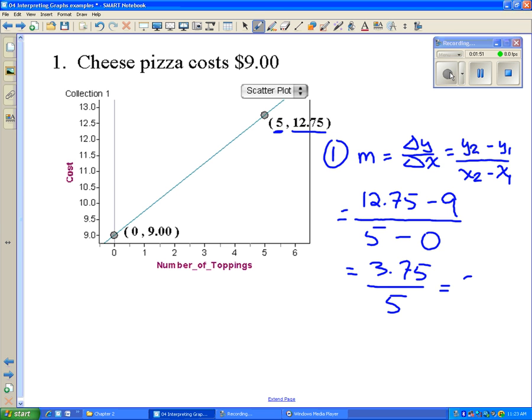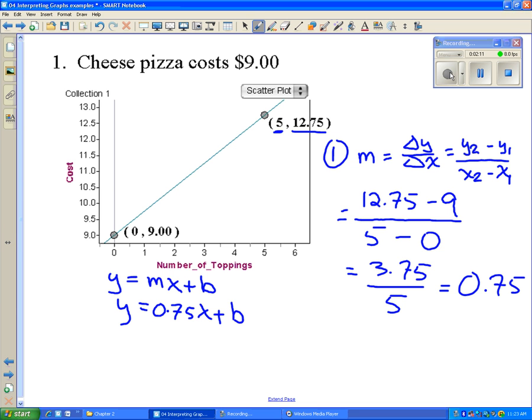I divide that out and I get 0.75. That tells me my slope, 0.75. So if I'm going to write my equation, I have y equals mx plus b. Y is equal to 0.75x plus b.